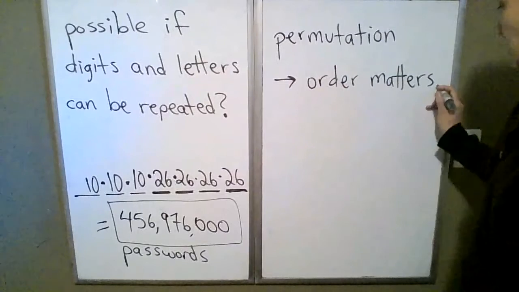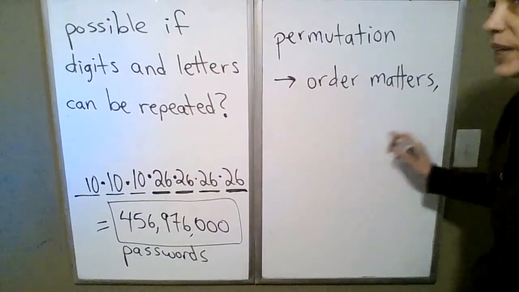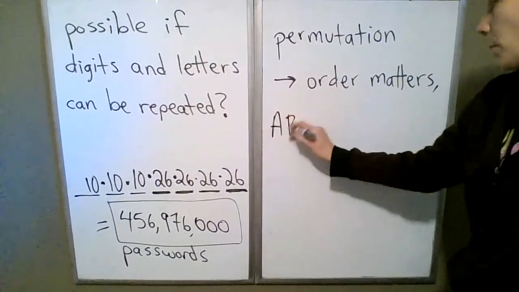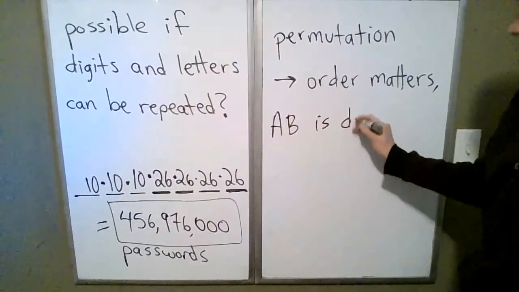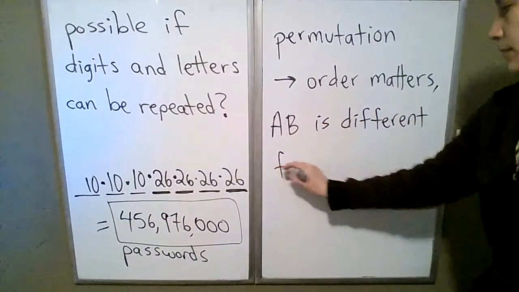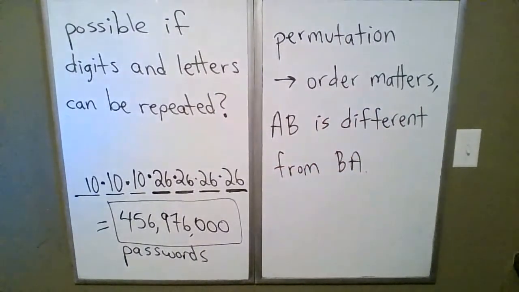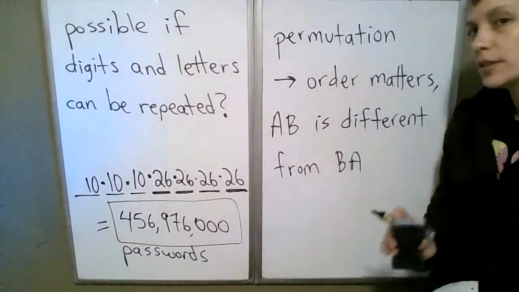which means that something like event AB is different than event BA. If it's a combination, order doesn't matter.